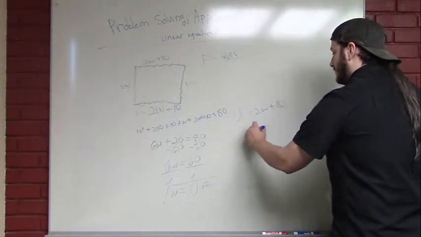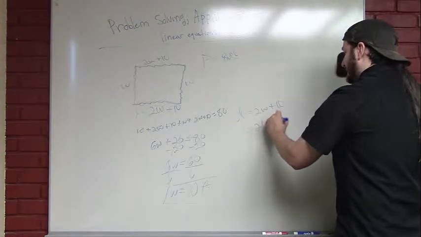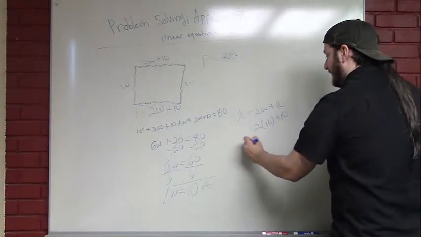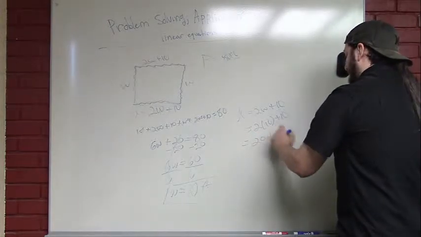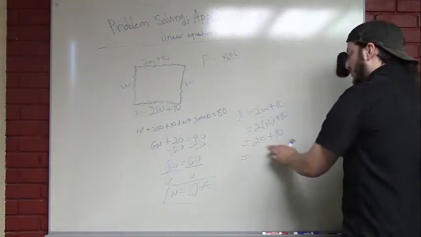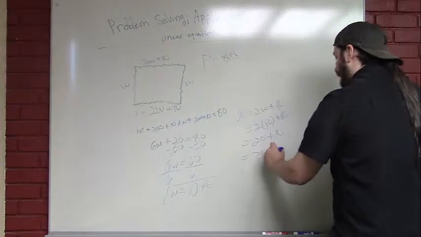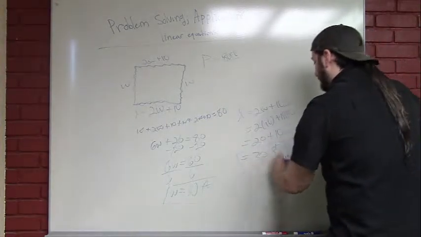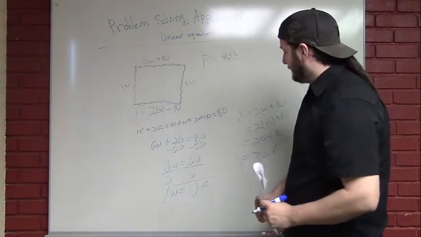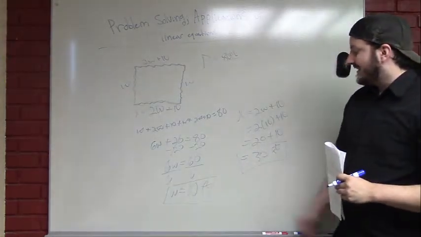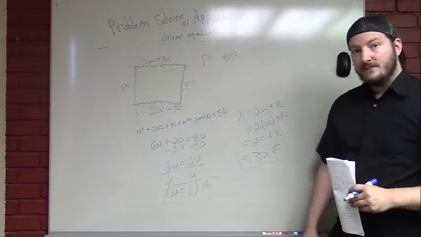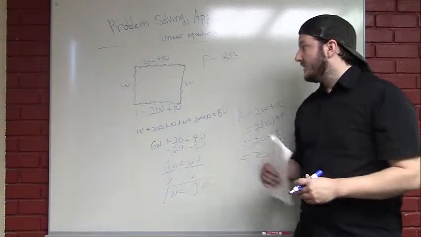So L equals 2 times 10 plus 10. 2 times 10 is 20, plus this 10. 20 plus 10 is 30. 30 feet. So my garden has a width of 10 feet and a length of 30 feet. And that's how you do that.